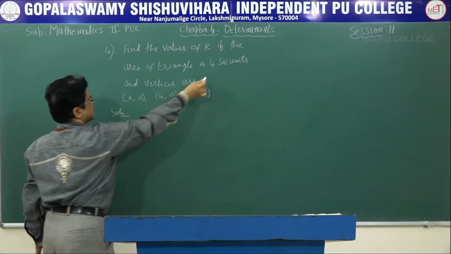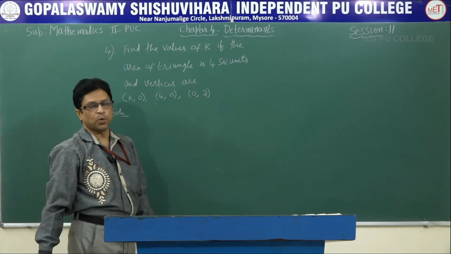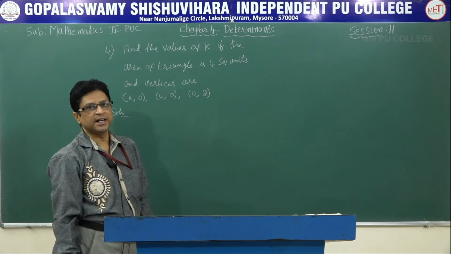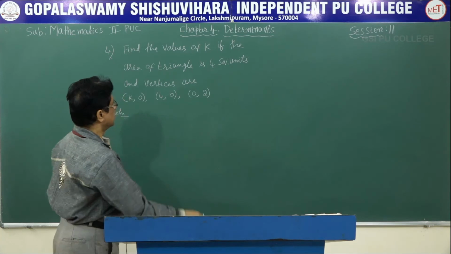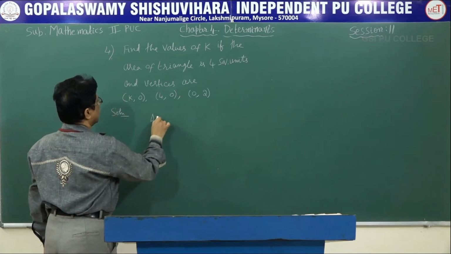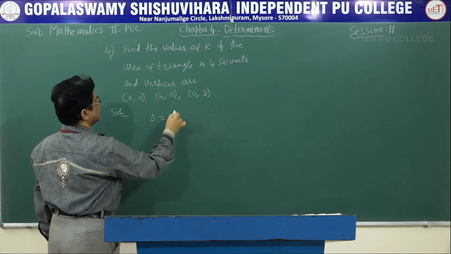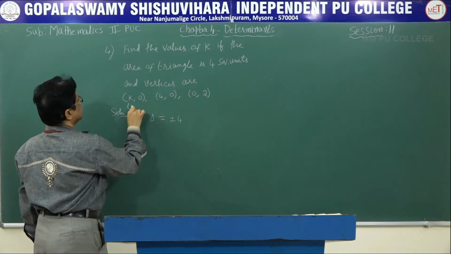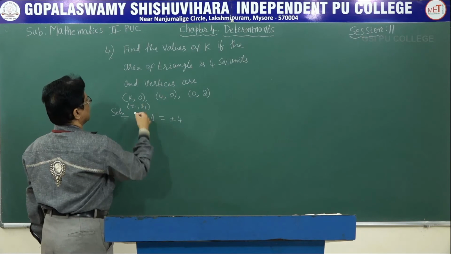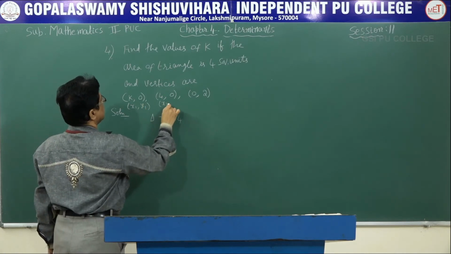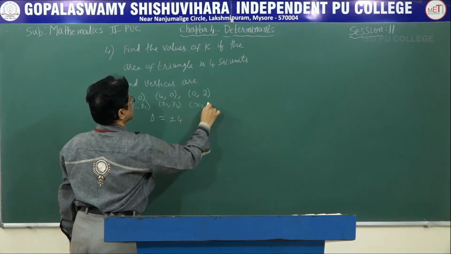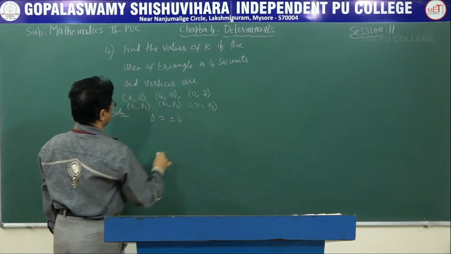So here area is given. I have already told that if area is given, we have to consider both positive and negative values. Therefore, area of triangle will be equal to plus or minus 4, and this is x1, y1, x2, y2, x3, y3.